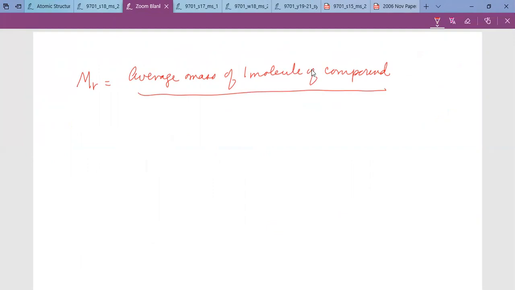So Mr equals the average mass of one molecule of compound over, compared to 1/12 times the mass of one atom of carbon-12, where carbon-12 equals what? 12 units exactly.